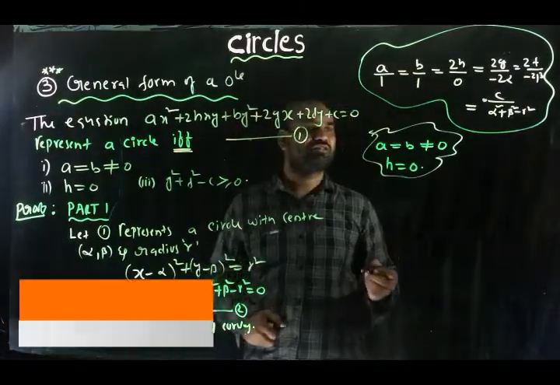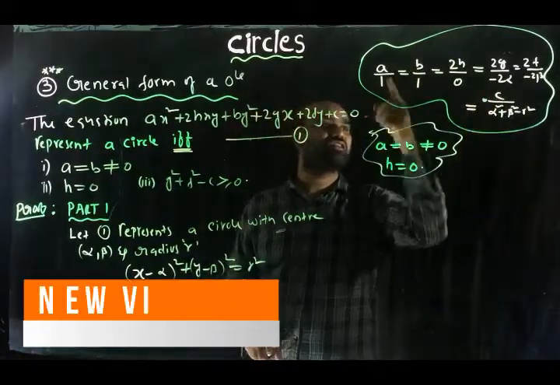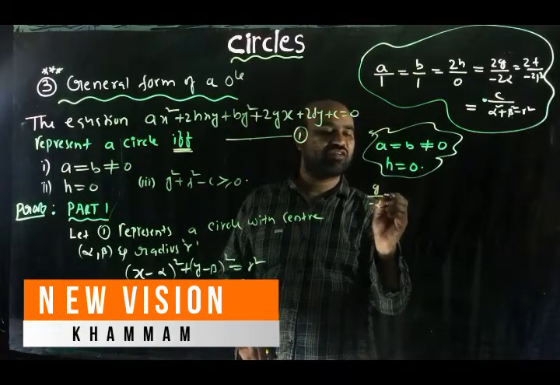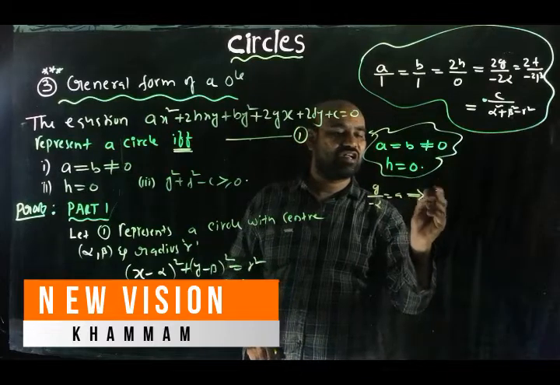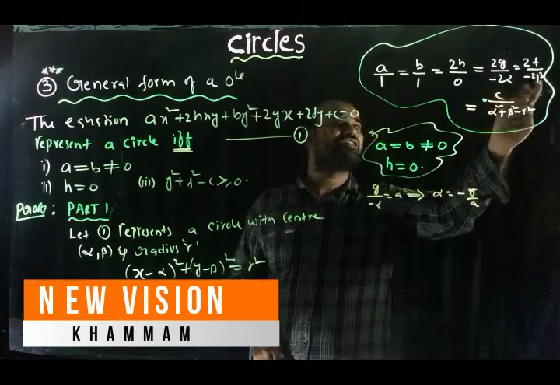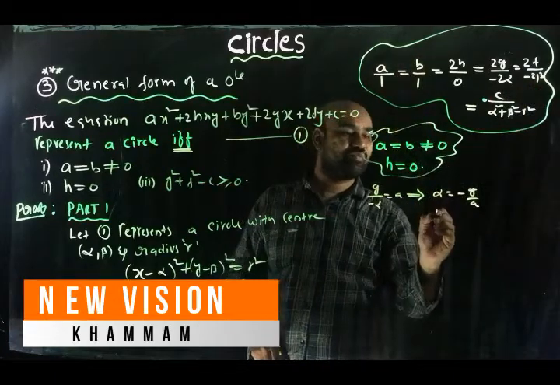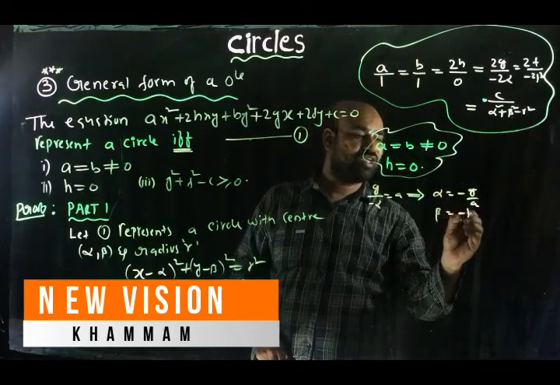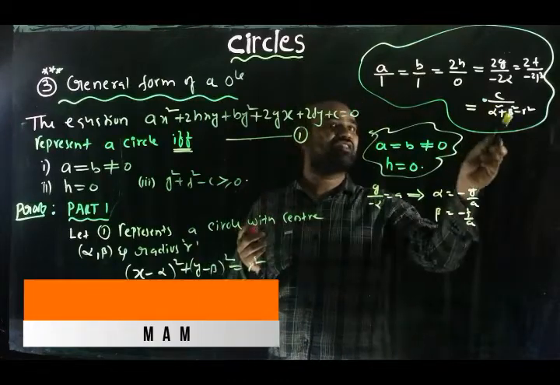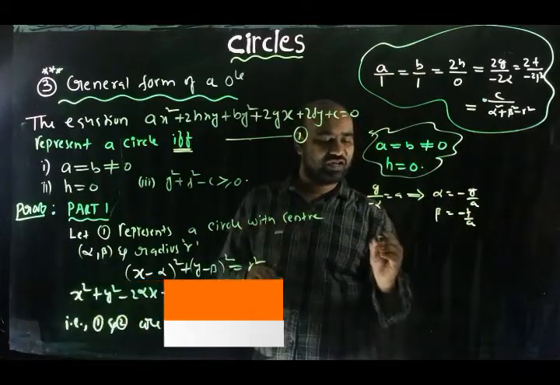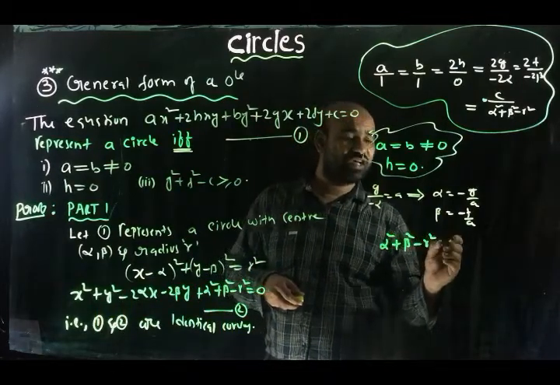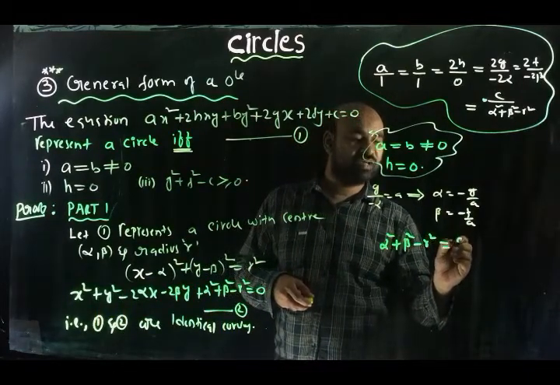Okay students, now comparing, g by minus alpha equal to a, so alpha equal to minus g by a. Comparing again, beta equal to minus f by a. Next, alpha square plus beta square minus r square equal to c by a.